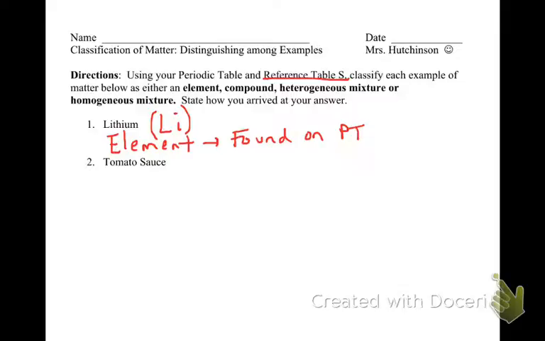Tomato sauce, tomato sauce. What do we know about tomato sauce? First of all, people tell me it's good with toasted cheese or grilled cheese, however you want to call it, but still not a fan. It's kind of gross. But anyway, if you take a look at tomato sauce and you let it kind of sit for a while, you notice that you get layers.